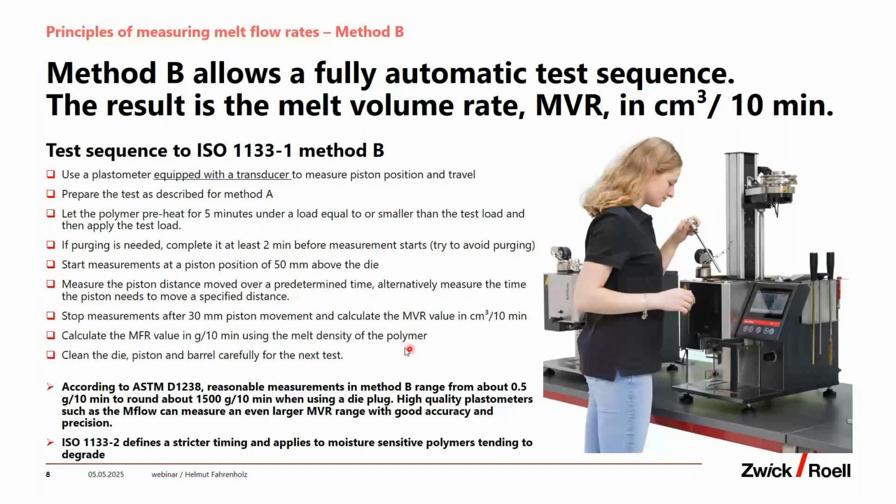So for example, ASTM indicates that it can be used up to 1,500 gram per 10 minutes, and in some cases we also measured even more than this. Yeah, this is method B. The conversion between method A, gram per 10 minutes, and method B, cubic centimeter per minute, is the melt density. So that means the density at the melt temperature.